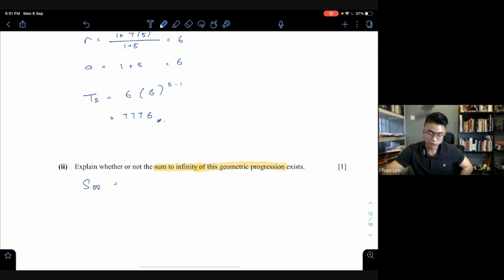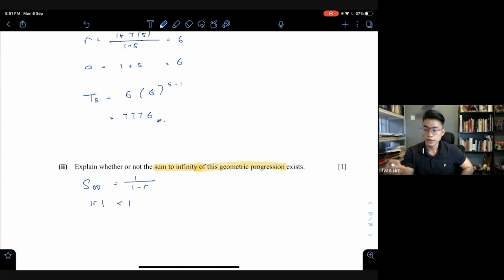They wrote S infinity equals a over 1 minus R, where your modulus R is less than 1. So the value of R, whether it's positive or negative, needs to be less than 1. It cannot be 1 also, because then you'll cause a math error. If it's more than 1, then there's a problem.